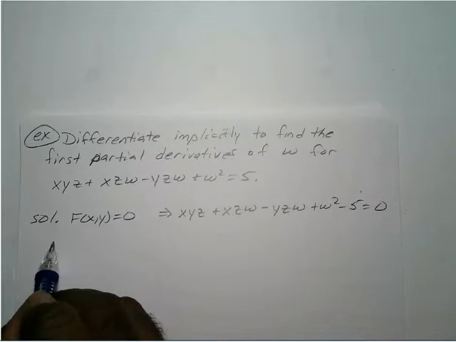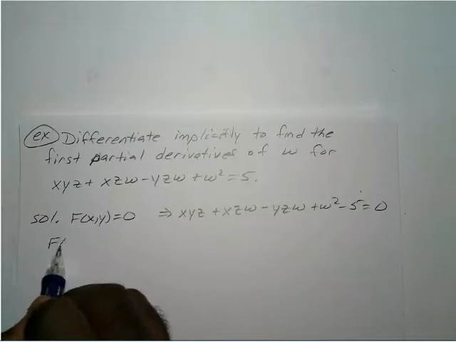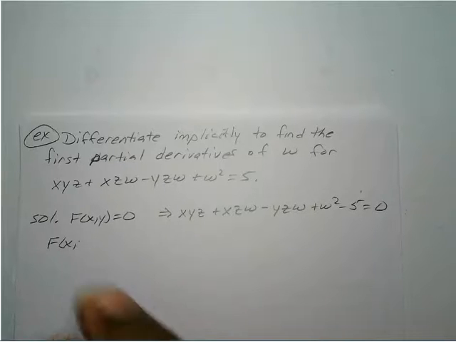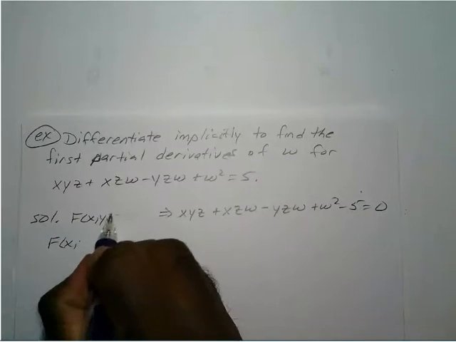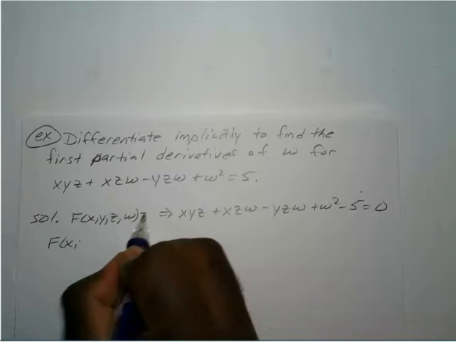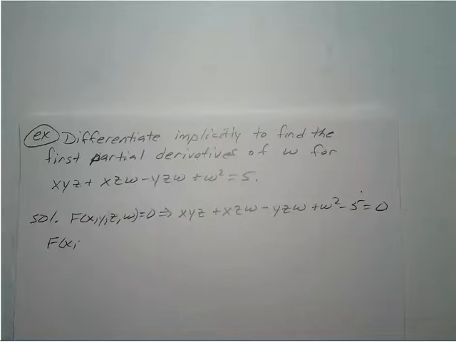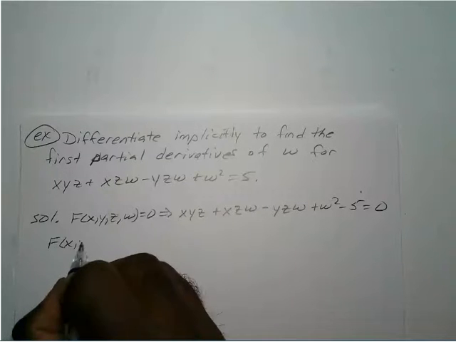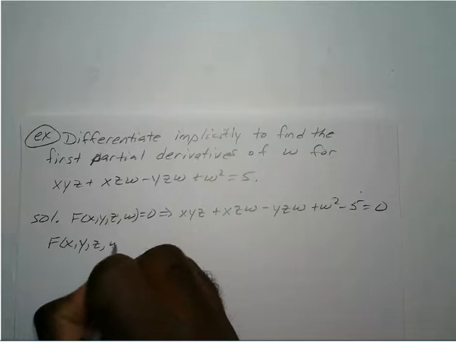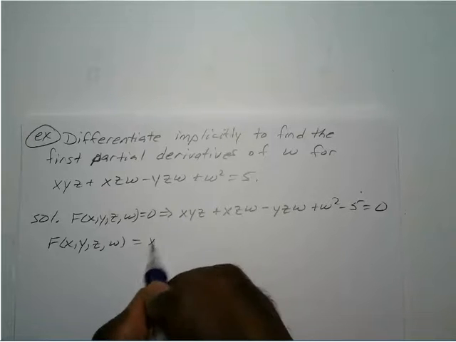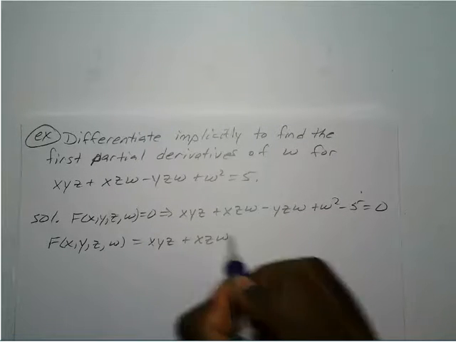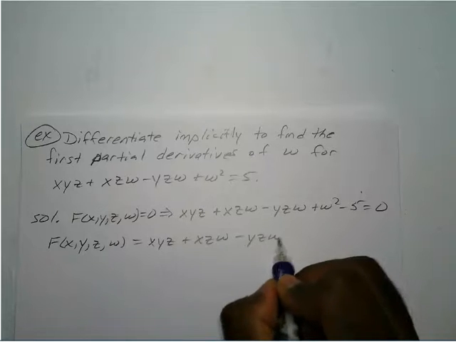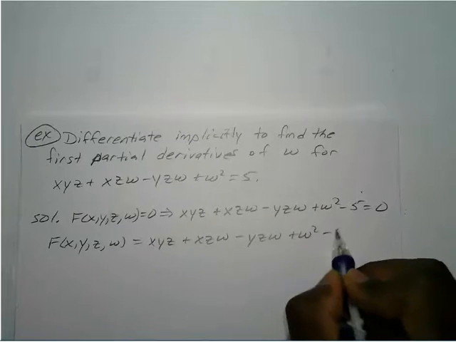So that means that our xyzw, since you have those 4 variables, so f of x, y, z, w is equal to xyz plus xzw minus yzw plus w squared minus 5.